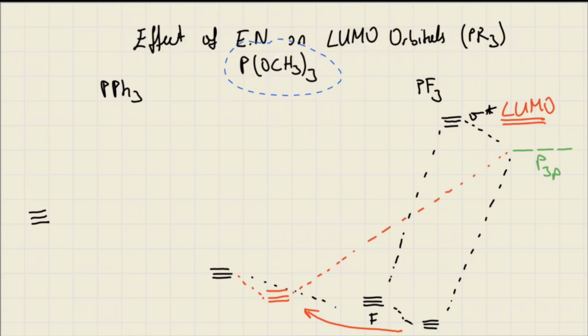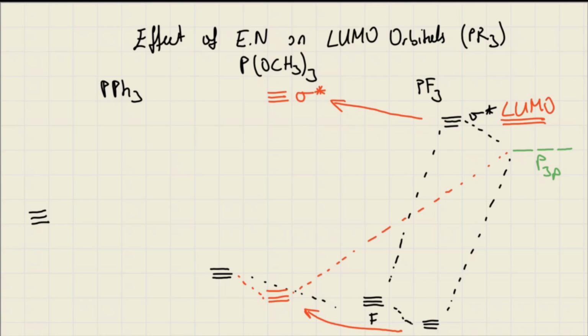Of course, the LUMO is the sigma star, so sigma star will be higher. These are the sigma star orbitals, so energy will be increased. So LUMO will not be very available for the metals, so adding electrons to these orbitals will not be very easy.